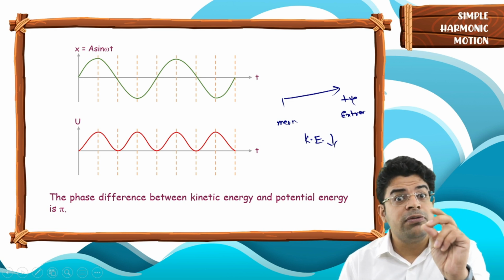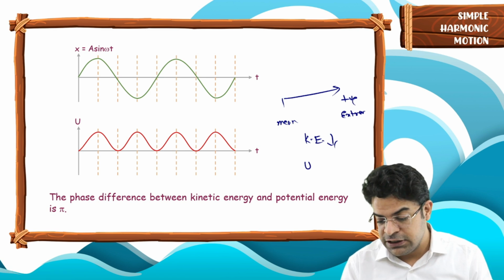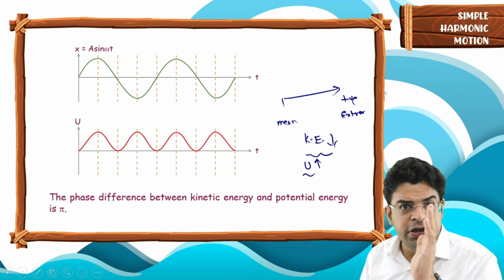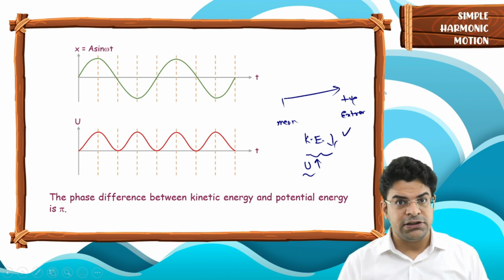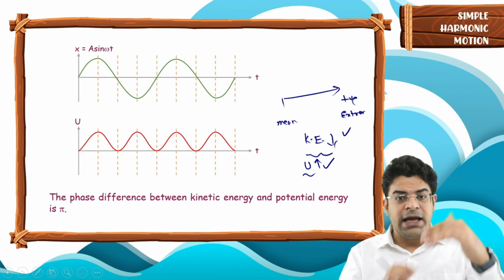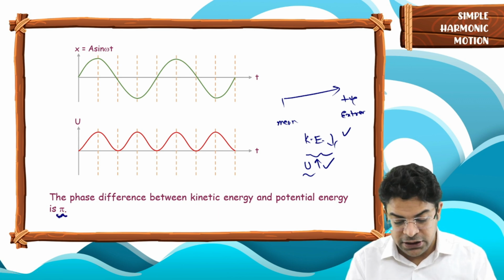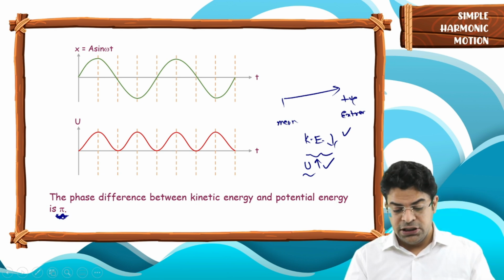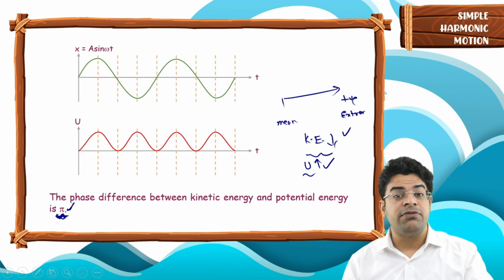The displacement from the mean position increases. So you will say that the potential energy increases. So as the particle goes from mean to positive extreme, the kinetic energy decreases and the potential energy increases. So they are out of phase. Hence they have a phase difference of pi. One of them is increasing while the other is decreasing. You say they are out of phase. They have a phase difference of pi.